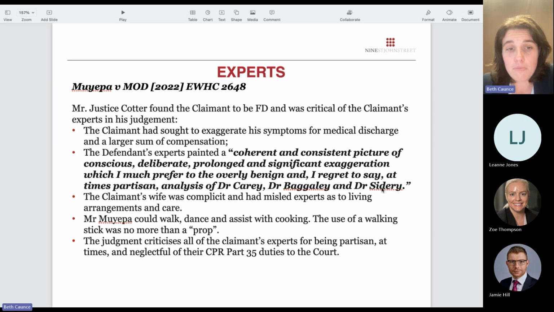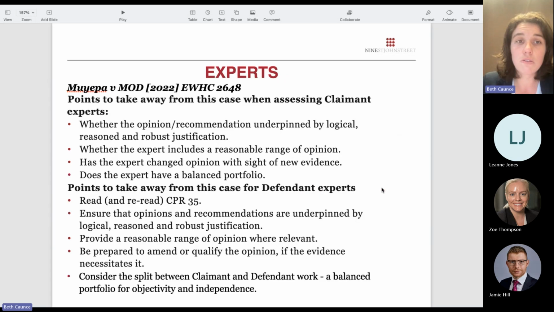And he found that Mr. Mayepa could walk, could dance, could do activities around the house, and the use of the walking stick was merely a prop. And the claimant's experts faced real criticism in that case for being, as in the quote, partisan, and at times neglectful of their Part 35 duties to the court.